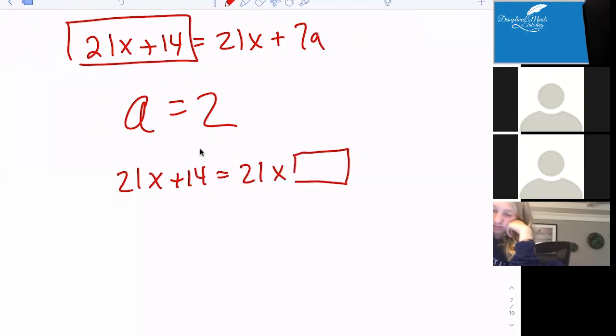What number goes there in order to make an identity? Shh. In order to make an identity, what number has to go here? The number on the left has to be everything on the right. So what has to go here in order for this to be an identity?